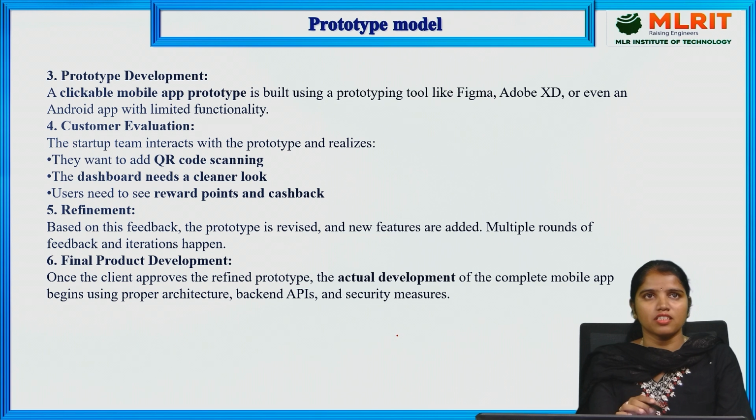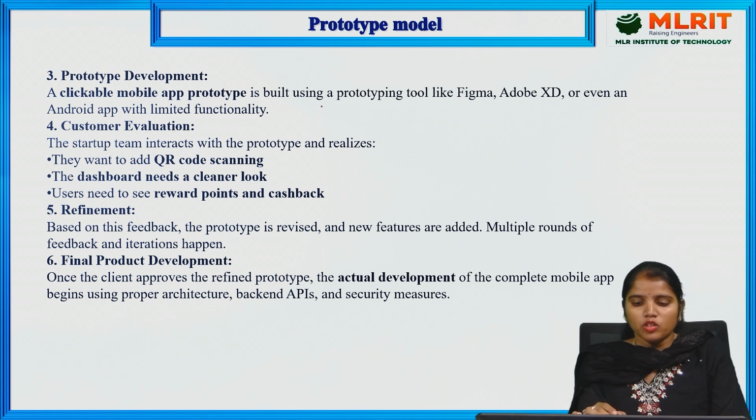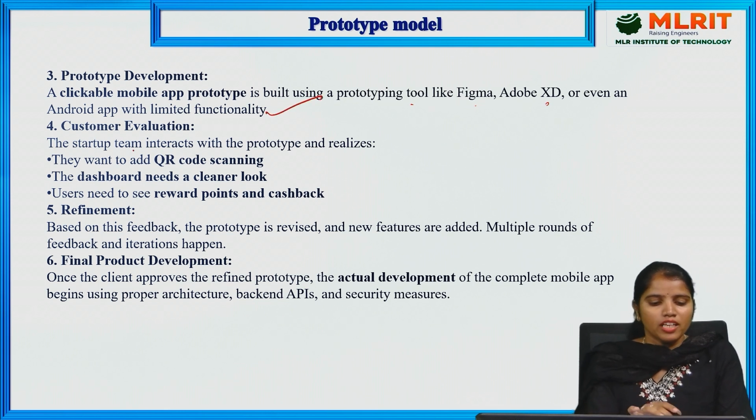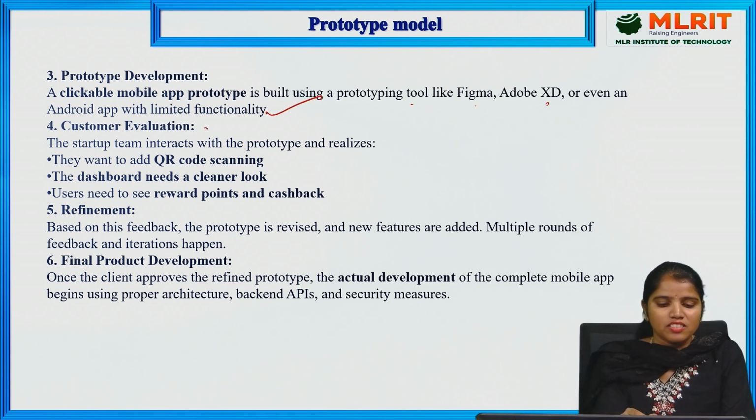Now let us discuss the prototype development for this app. A clickable mobile app prototype is built using a prototype tool like Figma, Adobe XD, or even an Android app with limited functionality. Next, let us discuss customer evaluation.